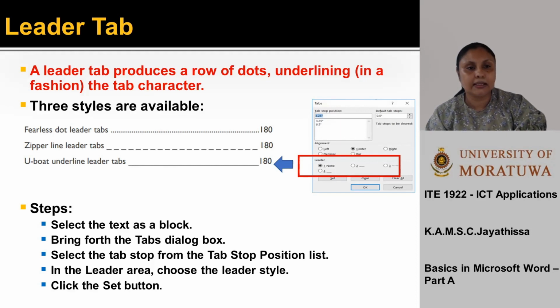You can see here there are three different dot styles we can use for leader tab formatting. I have mentioned the leader tab formatting steps you can use when you do the tutorial. So let's go to the tutorial. Then we can see how we can do the tab formatting.